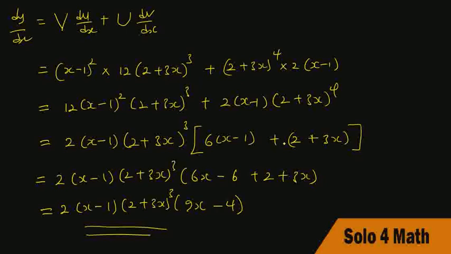Alright, let's look at another example here. Number 4. If you're given y equals (x squared plus 1) over (x plus 1) squared, I want us to apply the product rule here. Later on we shall take this to the quotient rule, but we can also use the product rule here. How would we make this a product?